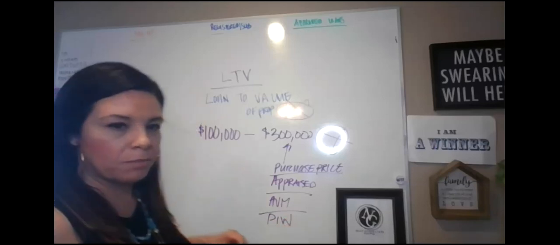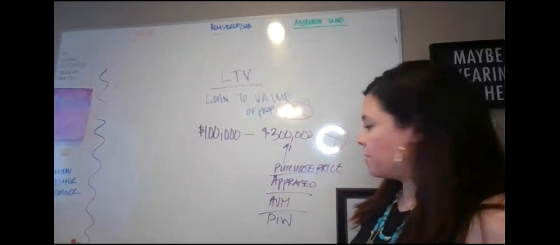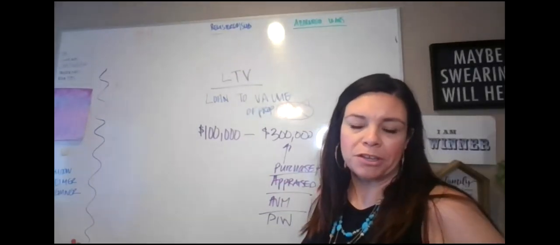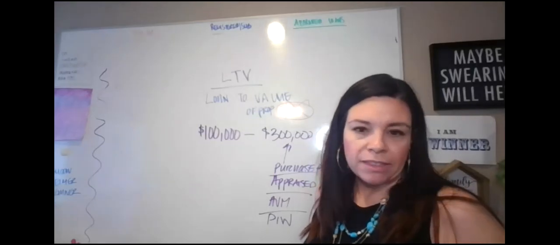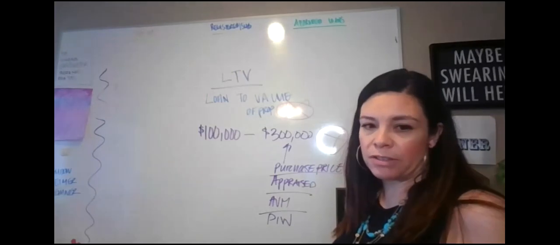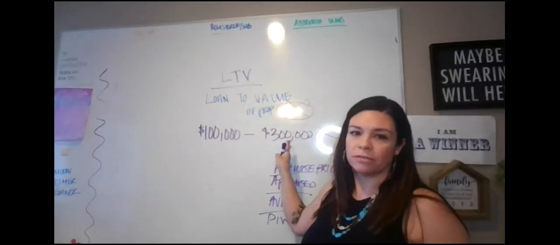PIW is a property inspection waiver. It means that you put a value in for the property in your system, it pinged the sites on the back end for validation, said, yep, that's a good value, we'll let you use that. It's literally the loan against the value.